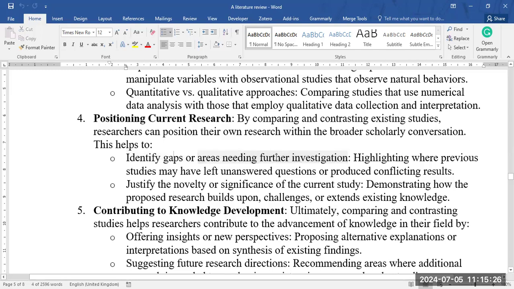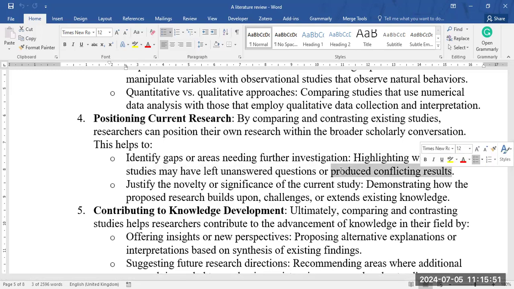And then they can think about how this gap can be fulfilled by initiating another research study. Highlighting where previous studies may have left unanswered questions, because some questions were not answered by the previous researchers. Then, producing conflicts: sometimes existing research can produce different results. Conflicting results means they do not agree, because different researchers are producing different results.